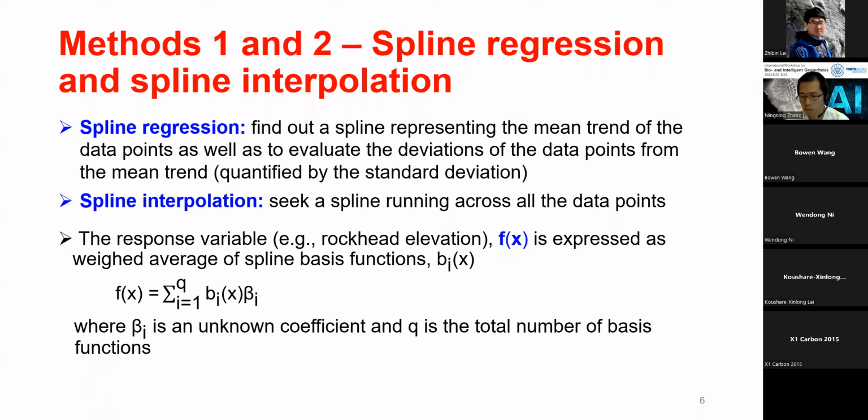The spline interpolation is to seek a spline running across all the data points. For both methods, the response variable, which is a spline, is expressed as a weighted average of spline basis functions. These basis functions have known function forms, so the only unknowns are the regression coefficients, denoted as beta herein.